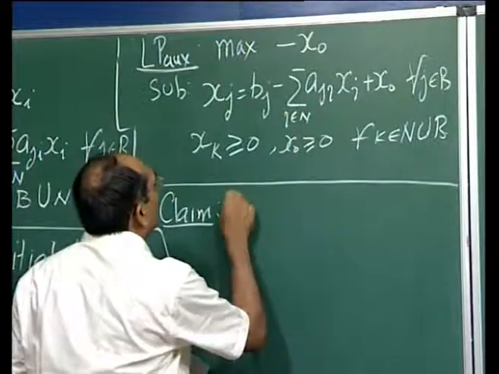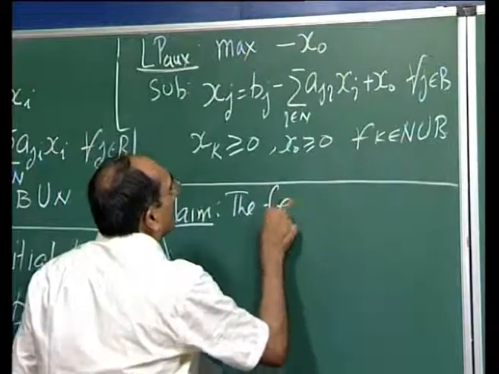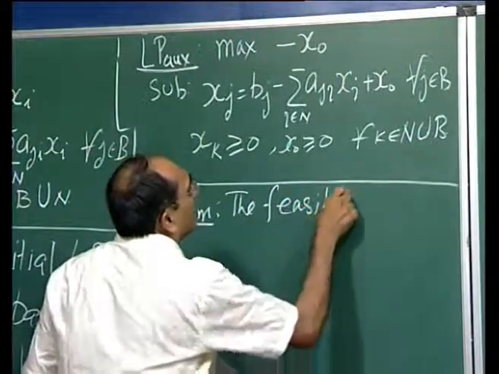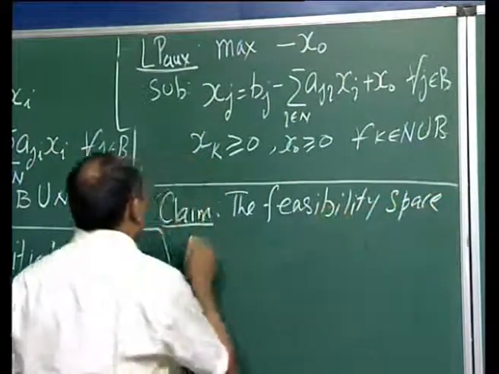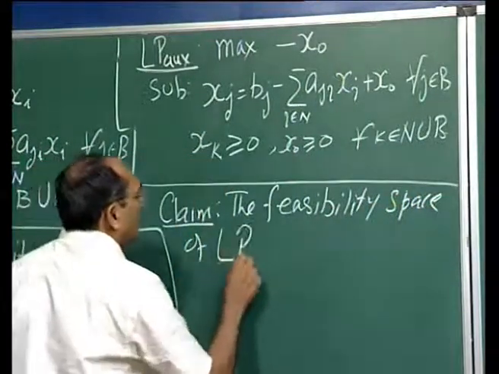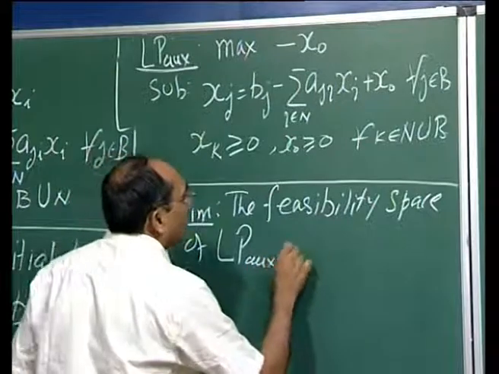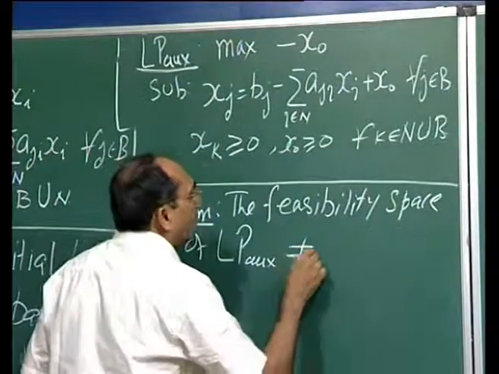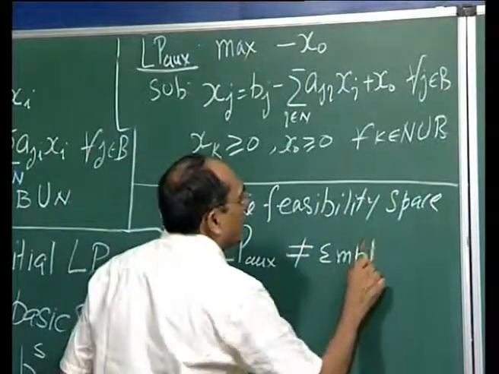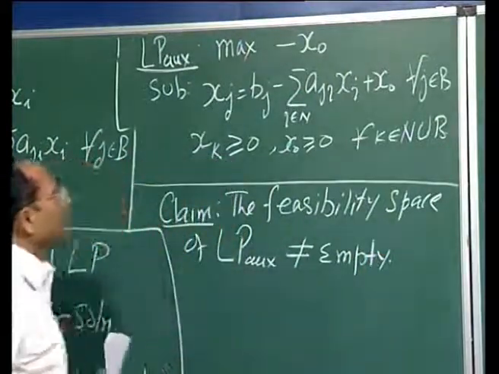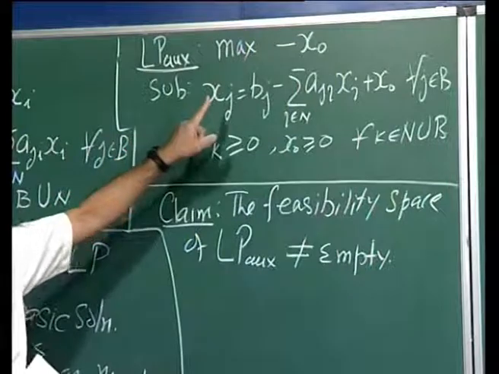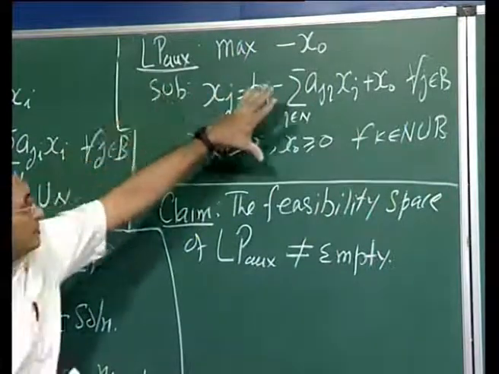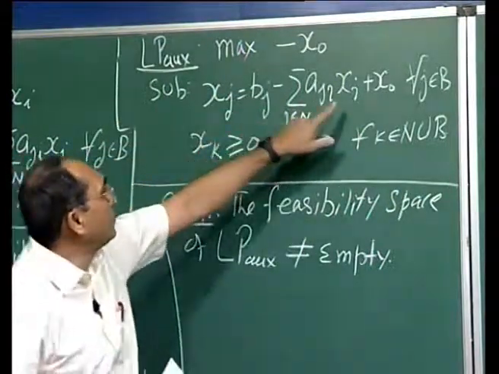That is, the feasibility space of LP auxiliary is not empty, and that we can see as follows. All we have to do is give one solution to these conditions, and that is not too difficult.